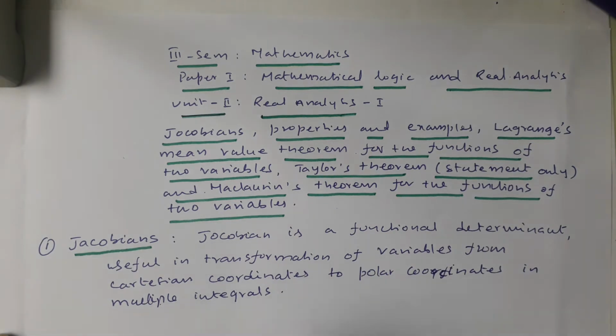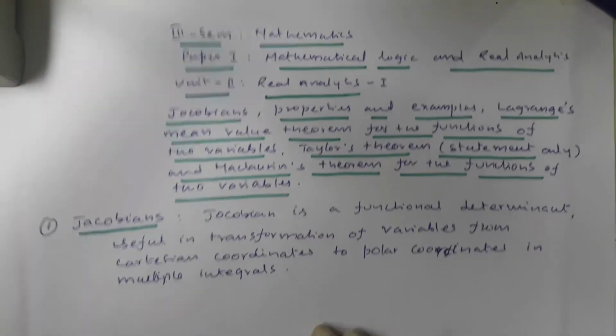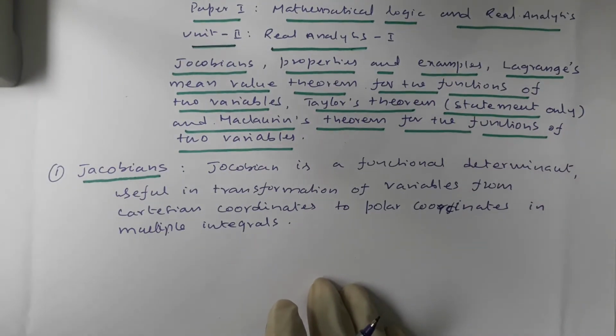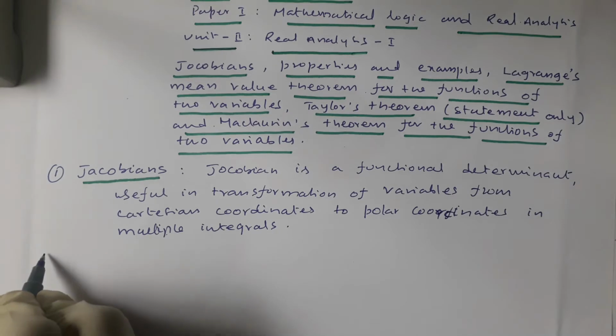Right. So the determinants generally we have the order 2 by 2, order 3 by 3, like that, order n by n. So let us see first of all determinant of order 2 by 2. It is the second point.